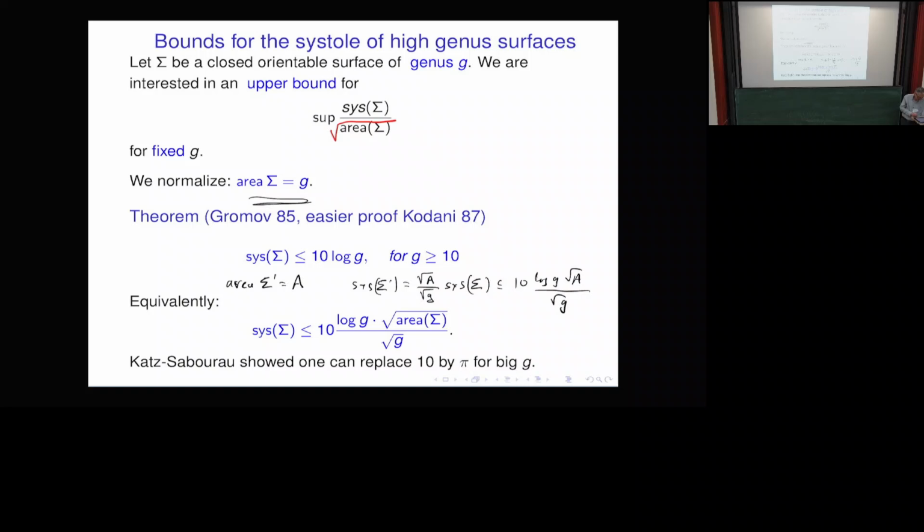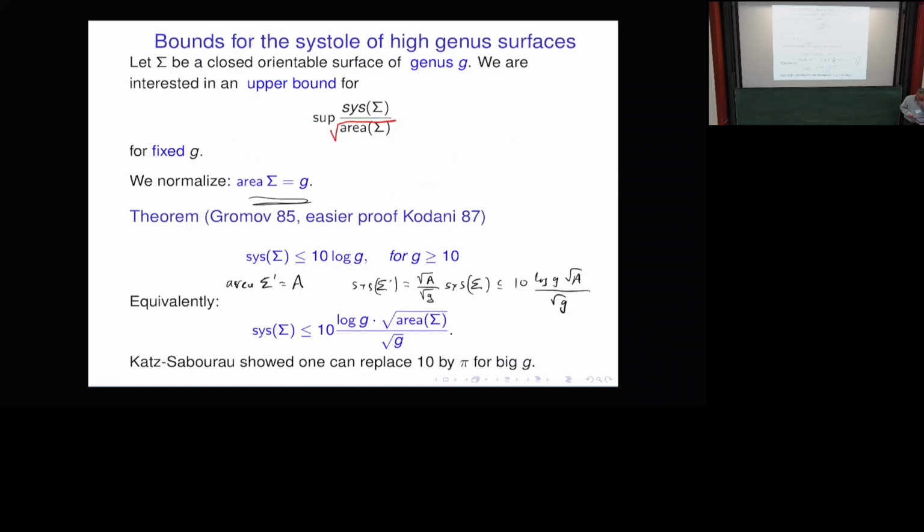So I can write this in general. I can write this without this normalization. And Katsaburo showed that in fact you can replace 10 by pi for big G, but we don't really know the fine result for this, unlike the case of the torus. We don't have the best constant in these inequalities.